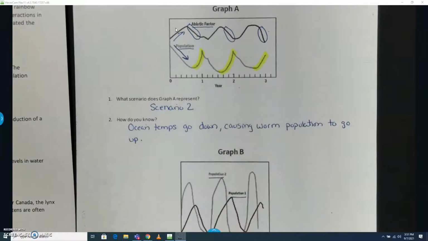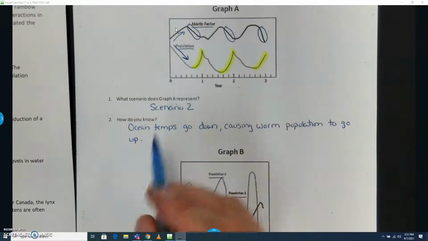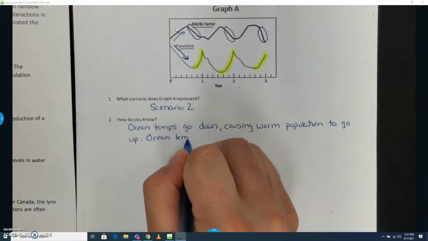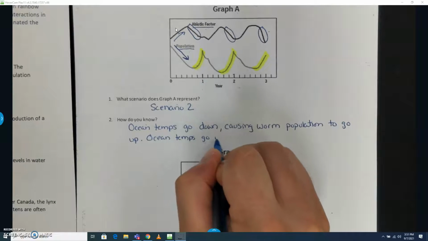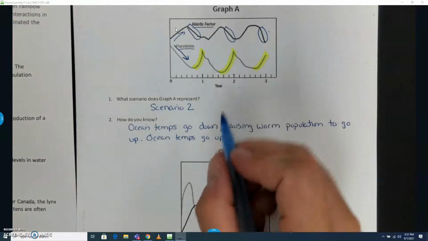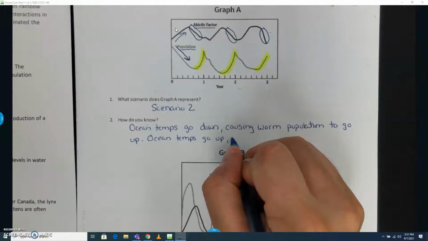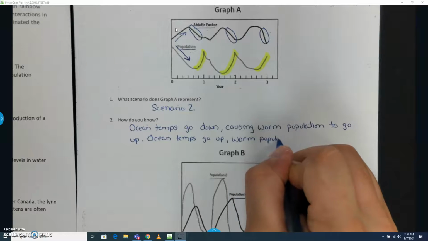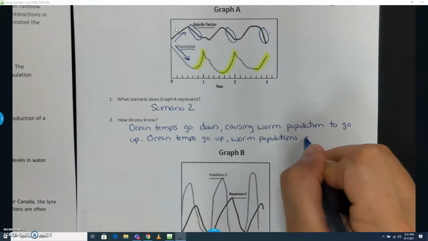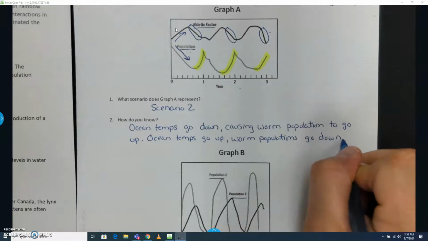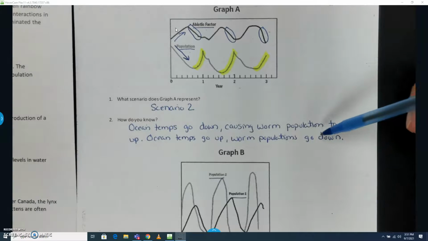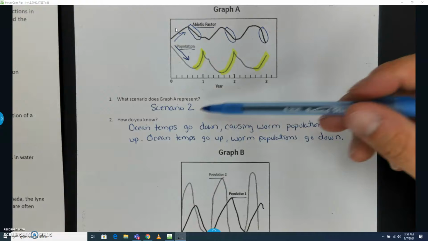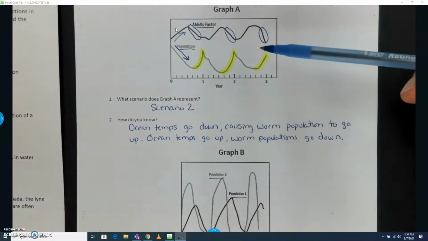And then secondly, we see that when ocean temperatures go up, it looks like our populations are going down. And this graph definitely shows us that. We've now provided evidence of why this scenario fits this graph.